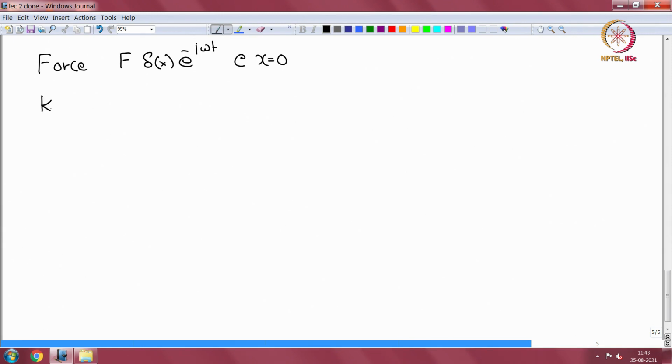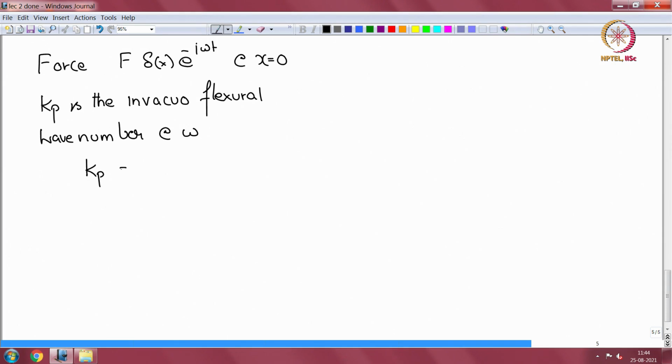Okay, and Kp is the in vacuo flexural wave number, and at a given frequency omega it is given by Kp is equal to (m omega squared by B) to the power 1/4.